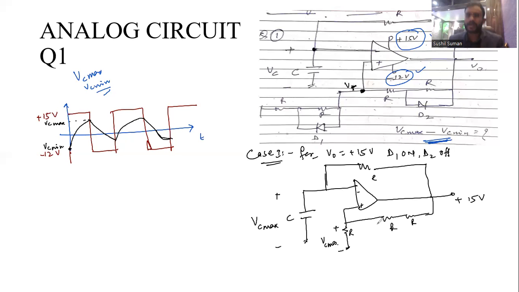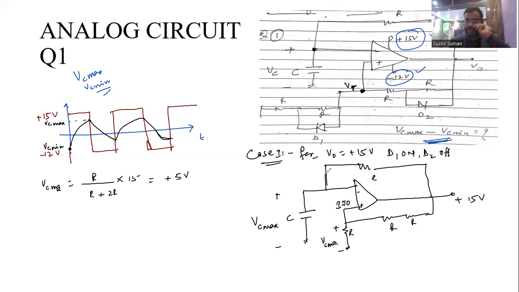Now apply the divider here, because the input current of the op-amp is 0. So VC max becomes R upon R plus R, which is 2R, into plus 15 volt, and you will get plus 5 volt.